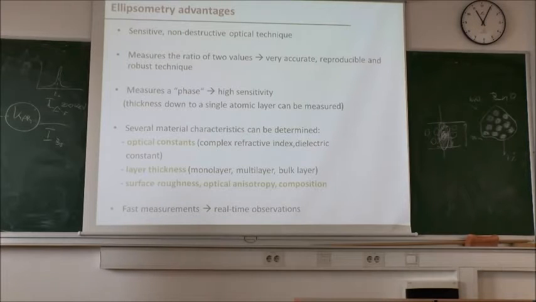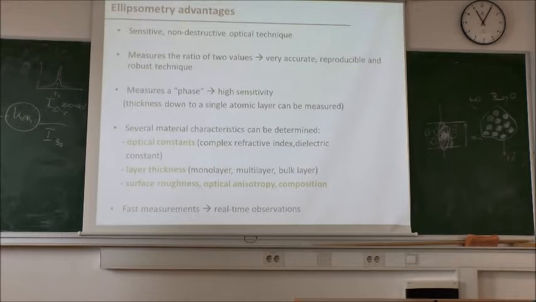Ellipsometry has a lot of advantages. For instance, it is a sensitive and non-destructive optical technique. In contrast to other optical techniques, ellipsometry measures relative light intensities instead of absolute light intensities of P and S polarizations. And therefore it is a very reproducible, robust and accurate technique.